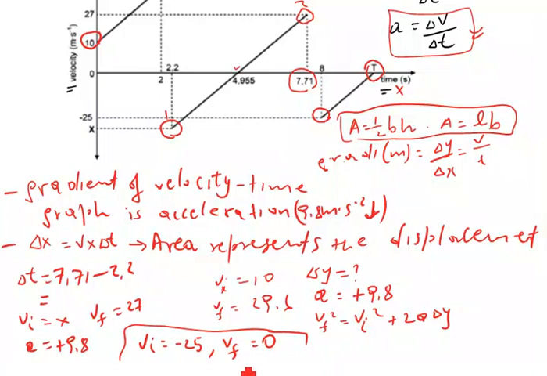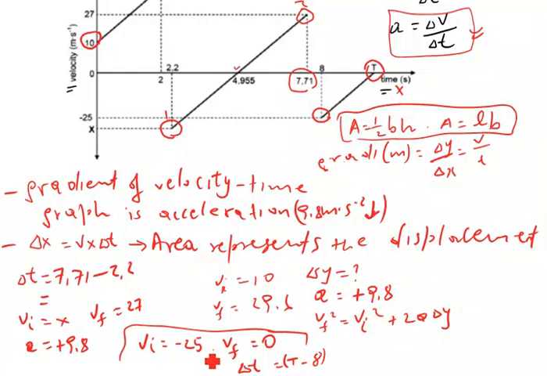Therefore delta t will be equal to this t minus the starting point of this line, minus 8. Then you get your delta t, then you solve for t.